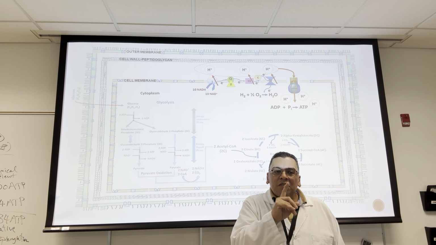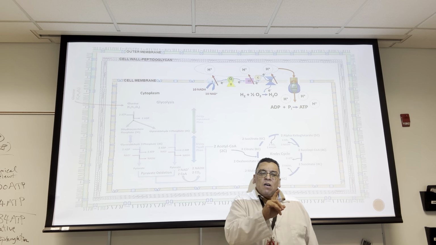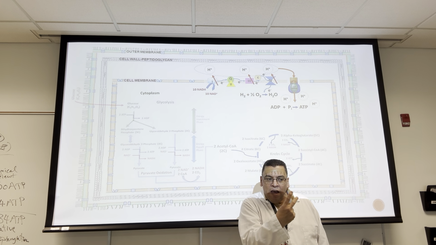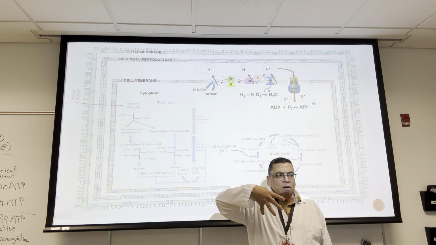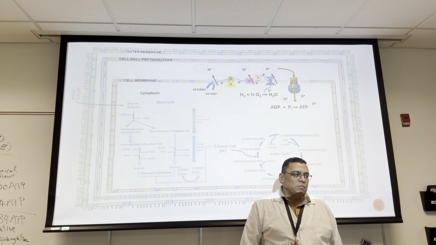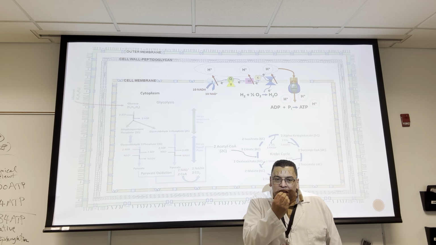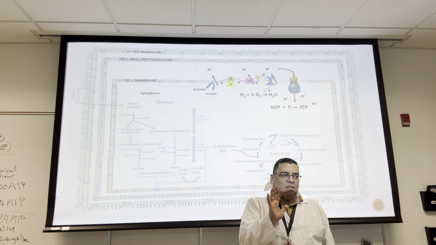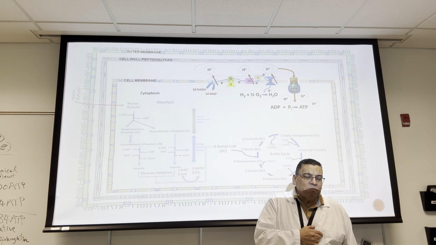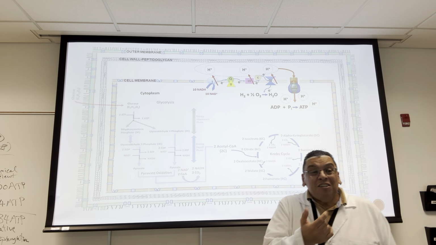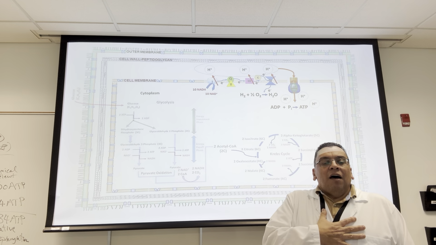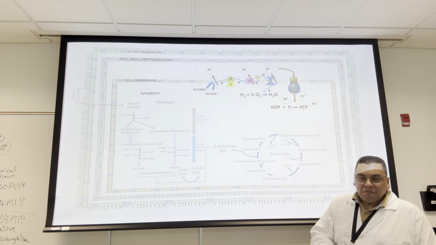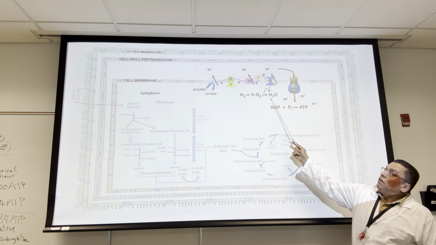All 6 carbons of glucose will be lost as CO2. 2 in pyruvate oxidation, yeah? And the other 4, the Krebs cycle. So the glucose that you eat, you will literally breathe out as CO2 garbage. The oxygen that you breathe in, it just turned into water. Because that's what you're doing here.